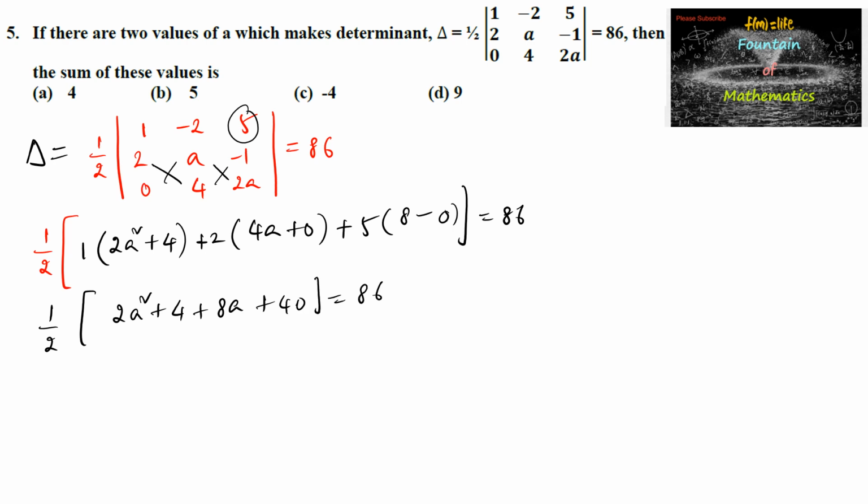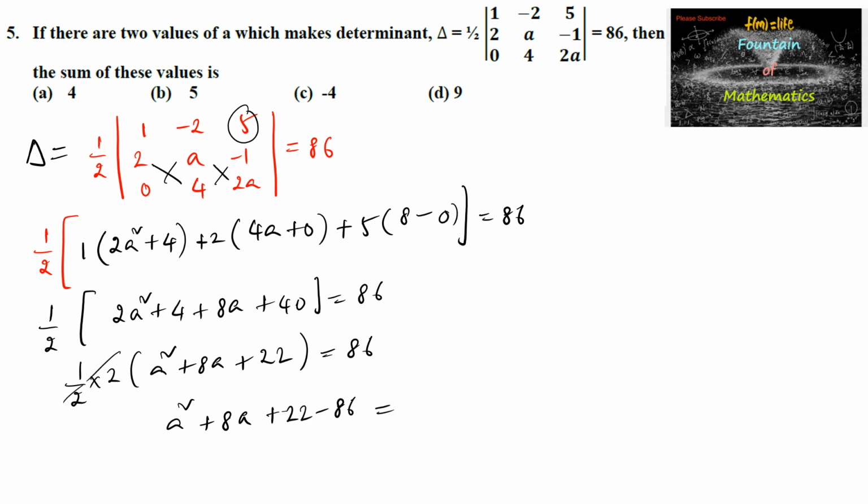Or 1 by 2 into 2 taken common, A square plus 8A plus 44 means 22, which is equal to 86. Or we can write A square plus 8A plus 22 minus 86 is equal to 0.